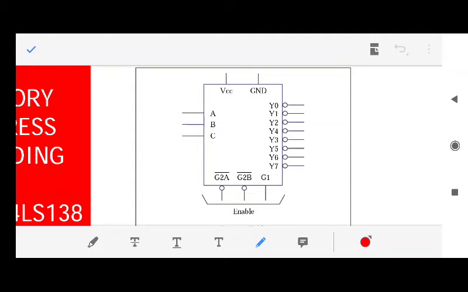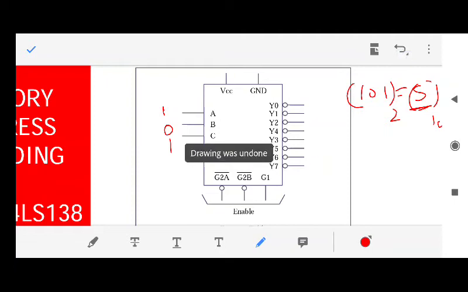For example, I am repeating, if the input is 101, 101 in decimal means 5. So the fifth pin will become high: first, second, third, fourth, fifth, this is the fifth pin. It will become high, and the rest of the pins remain 0. This is how a decoder works.